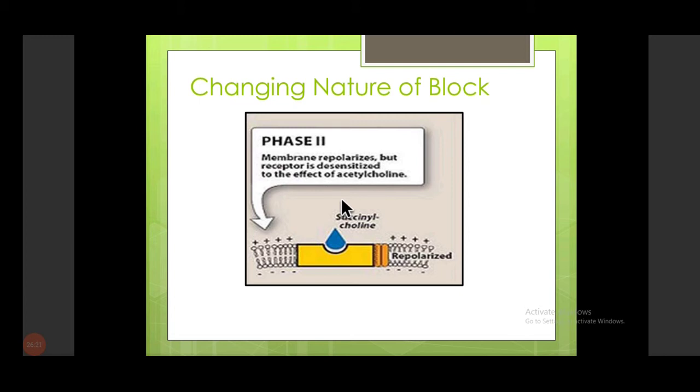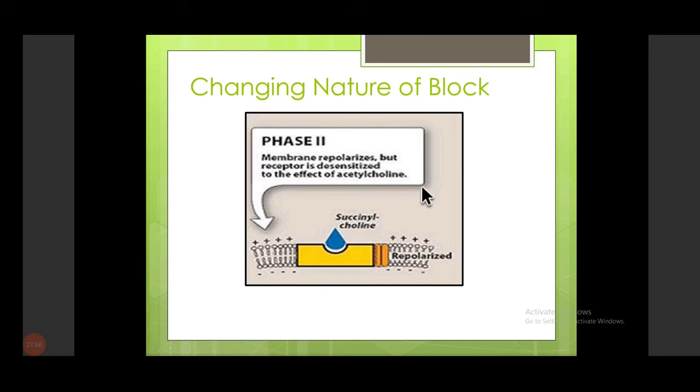So what happens is the GPCR, the G protein coupled receptors, bind to beta arrestin in this case, which would hamper the G protein mediated cAMP pathway, and the receptor, despite being in the presence of agonist, which is succinylcholine in this case, would not be able to bring about a response. Although the membrane is repolarized and ready to be depolarized again, the receptors are desensitized. This is known as phase 2 block.